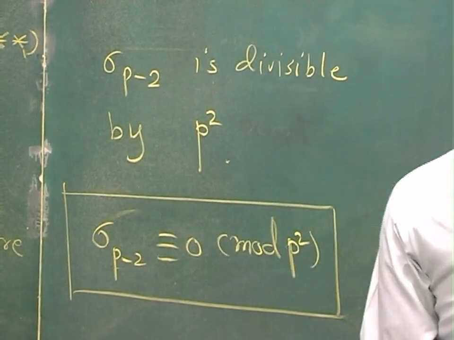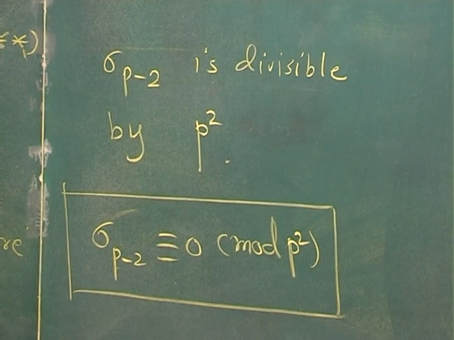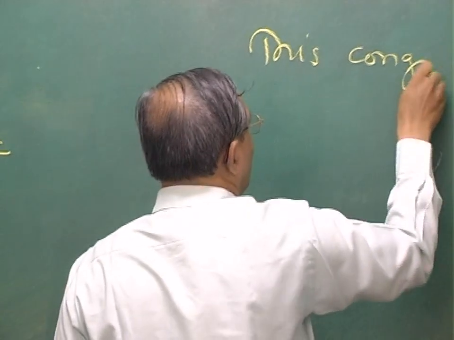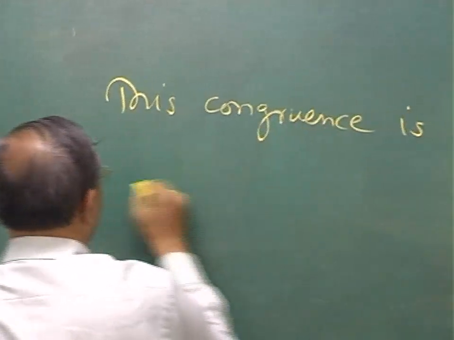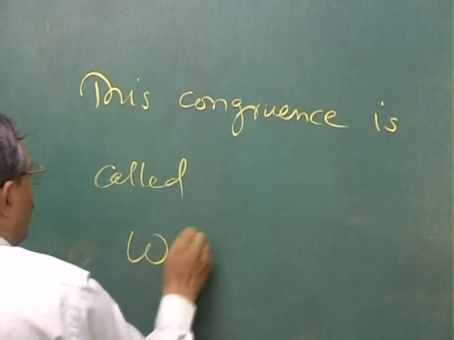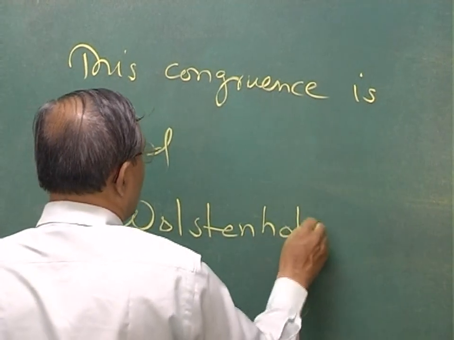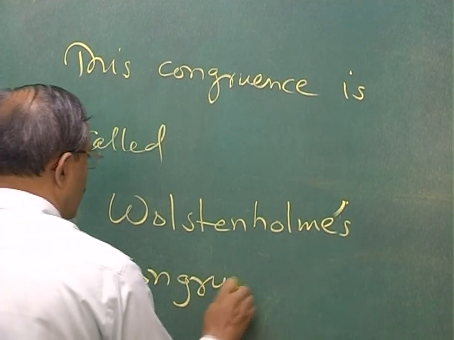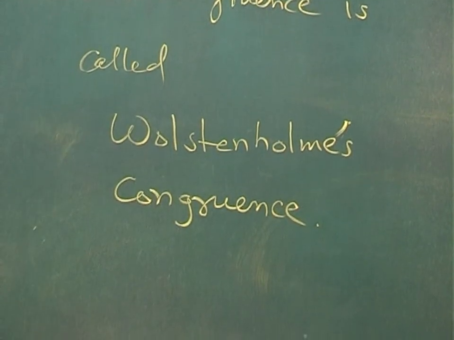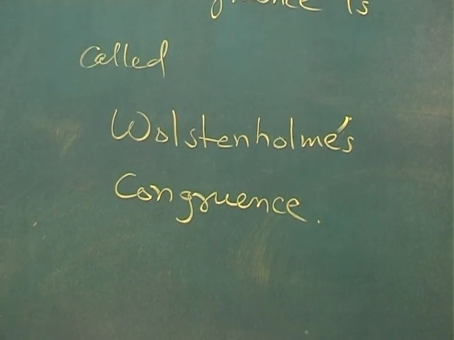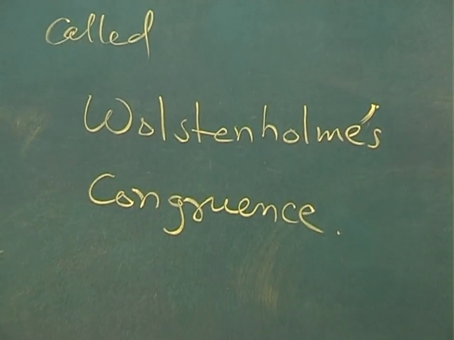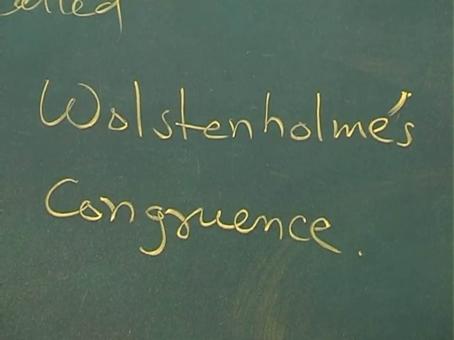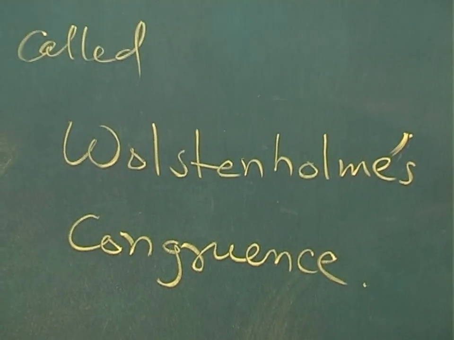This congruence is called Wolstenholme's congruence. So by this whole study, we are getting that sigma i are congruent to 0 mod p and sigma p minus 2 is divisible by p square.